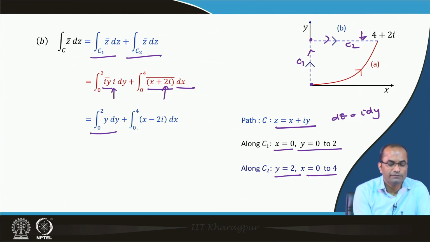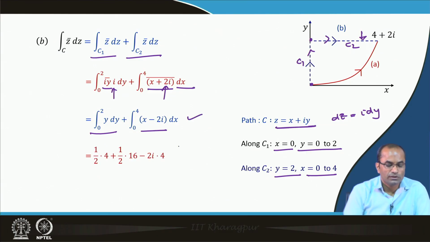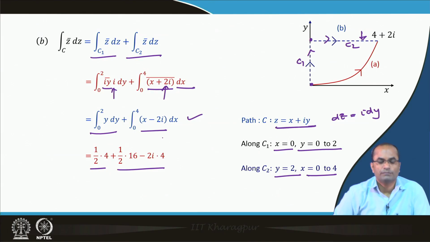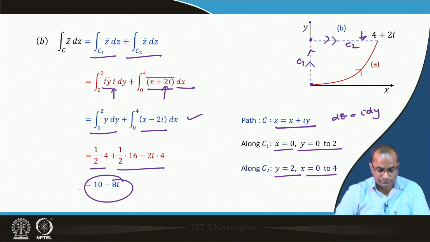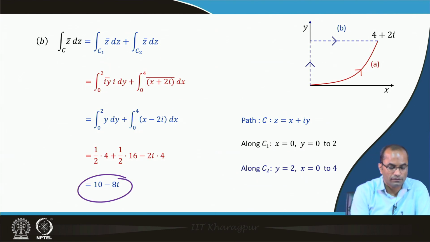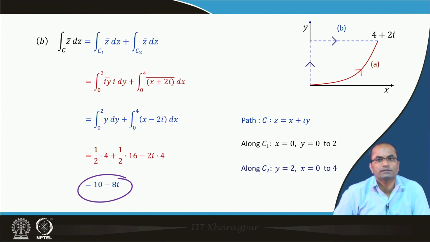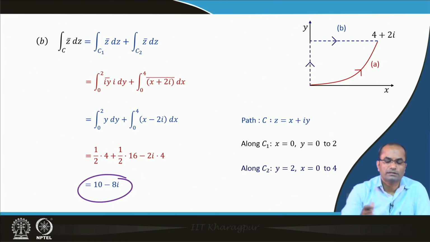Here we have y dy, because i with i will be minus 1, and this will become 1, and you have x minus 2i over dx. This integration can easily be performed. So we are getting 10 minus 8i as the value of this integral along this path.